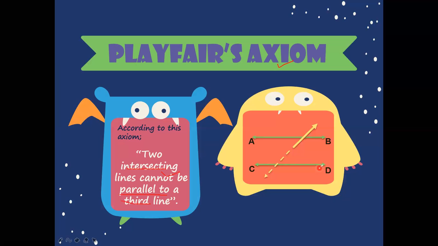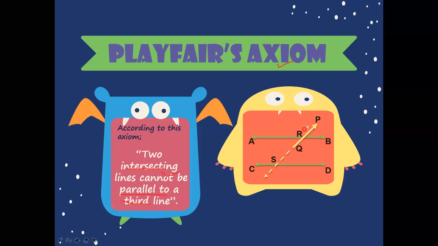Now, if I draw another intersecting line that crosses your line AB, this is the intersecting line PQ that intersects AB at point R. If I extend this PQ further, this line will also intersect CD at point S.